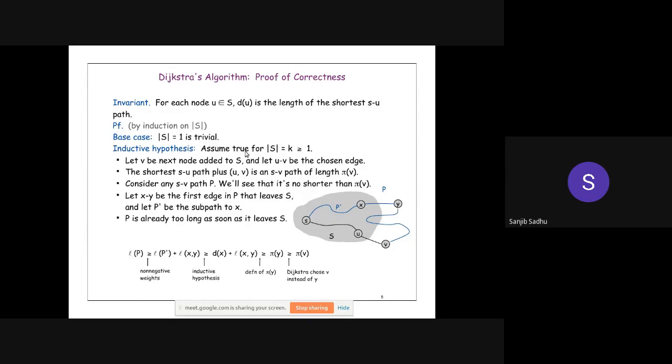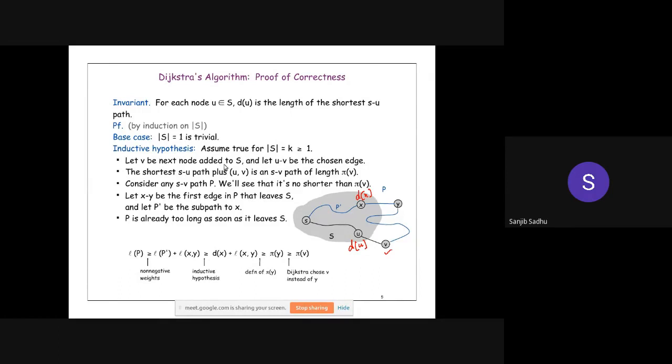Induction hypothesis: you assume that if the set S consists of k vertices, then it is true, that du is the shortest path, all have the du value. So dx, du, all have. So these are the shortest paths from S to this. I am assuming that.